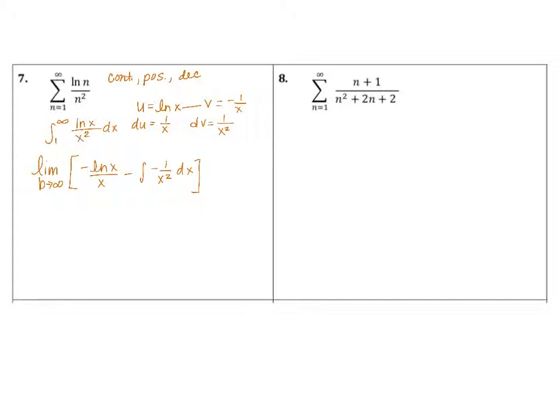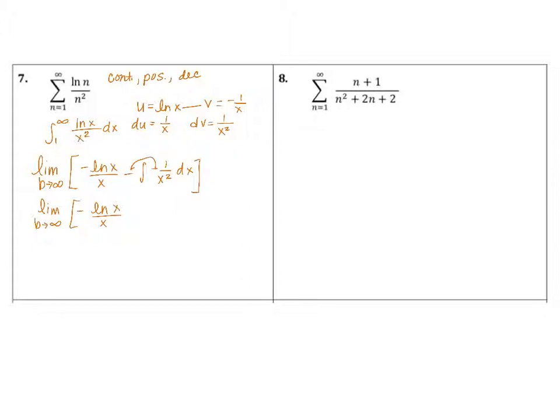Okay, so from here we have the limit as b approaches infinity of negative natural log of x over x, and I'm going to move that negative out, so we have plus.